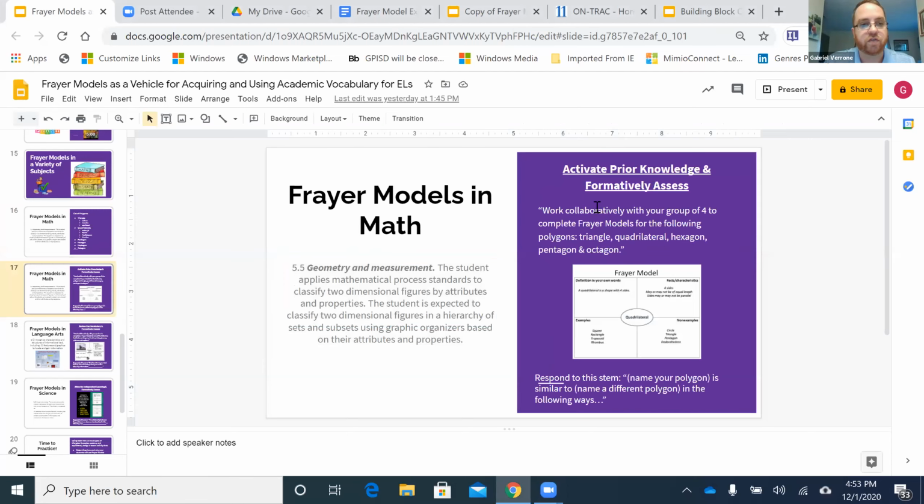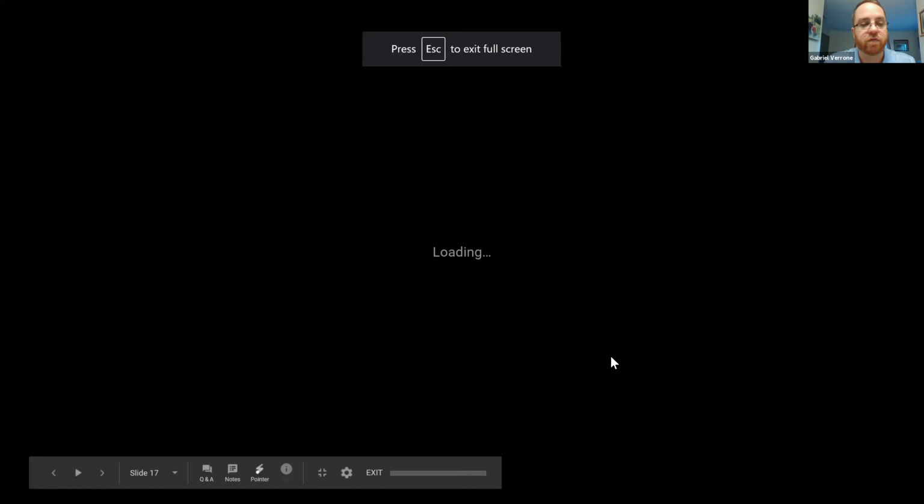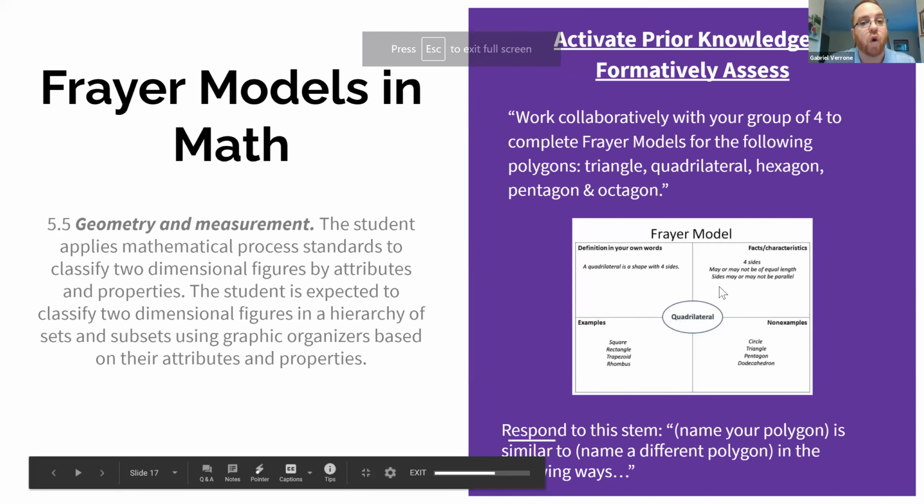And remember, this is exactly like, I'm going to share my screen one more time just for a quick review. There we go. This is just like what I did here to have them quantify and classify the different, sorry, it's lagging, the different quadrilaterals and polygons.